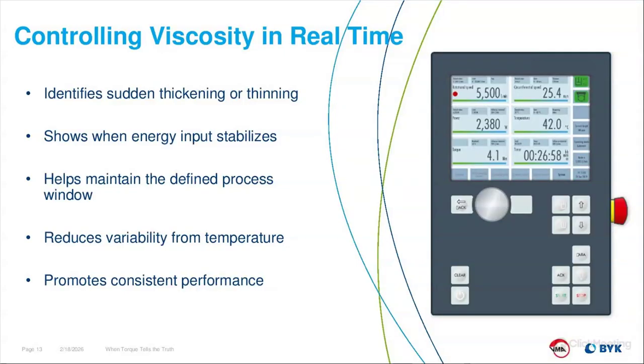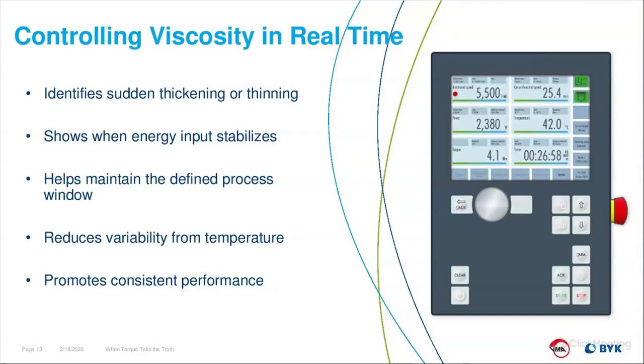So controlling viscosity in real time. You get to see on the graphs how the material responds. Is it getting thicker? Is it getting thinner? It will show you when the energy input is giving us a good process. We're getting that de-agglomeration phase that's readily available from a graphing standpoint.